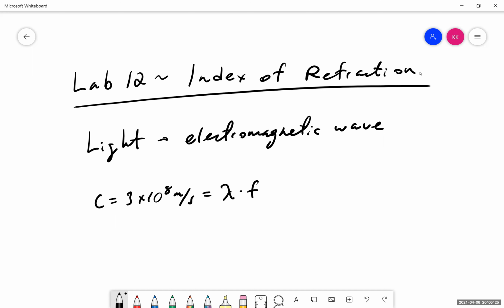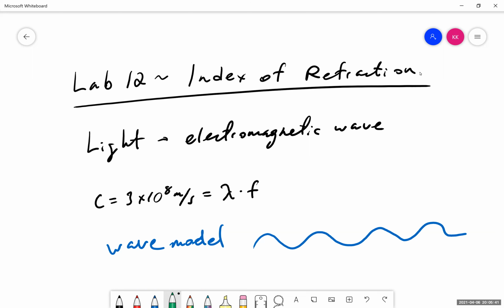Now, if you look at this wave model, you can look at light as a wave like this. This is the wavelength here, and then you have the frequency, which is oscillations per second. And this model is very useful for a lot of applications like diffraction, interference and things like that.